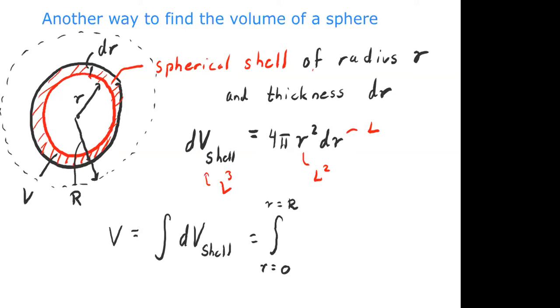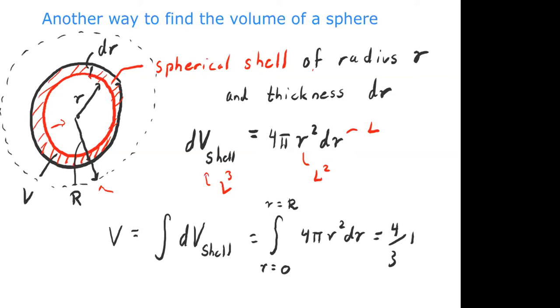From 0 to big R. I know what the differential volume element of the shell is. It's just 4 pi r squared dr. And we all know how to do this integral.